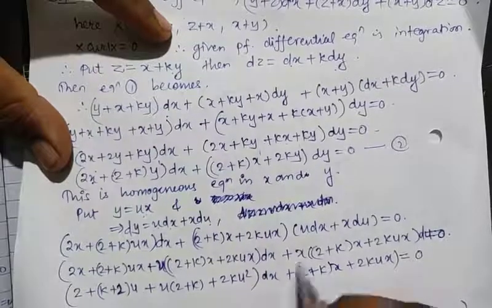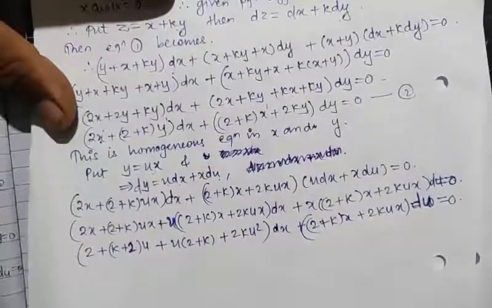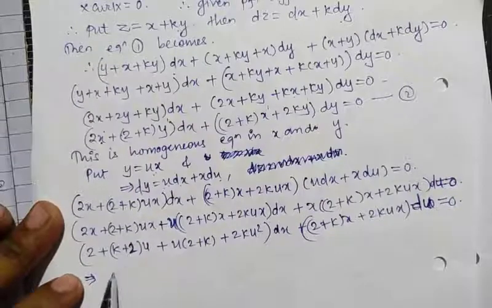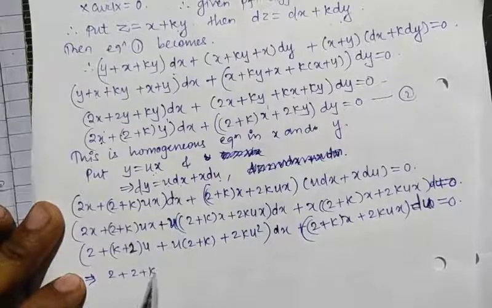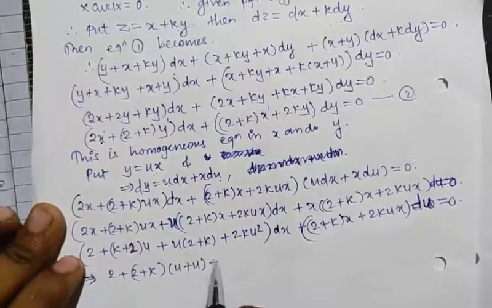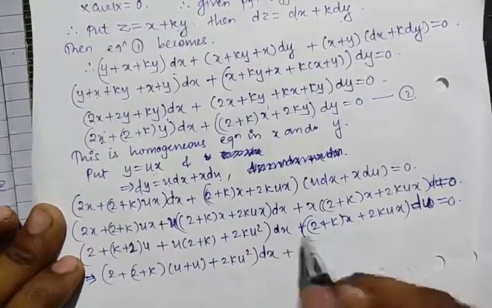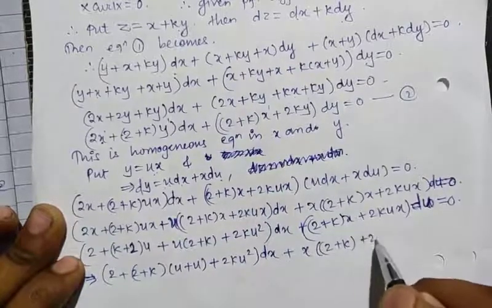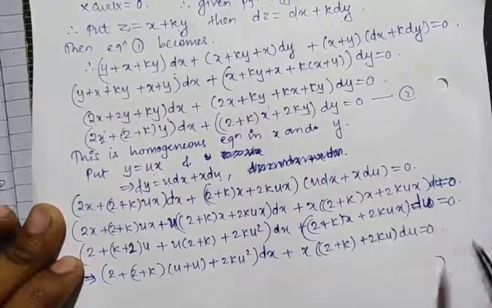Which implies that, taking (2 plus k) common, we get in brackets u plus twice k u squared dx plus, taking x outside, (2 plus k plus twice k u) into du, equal to 0.